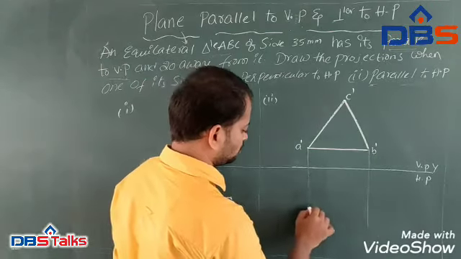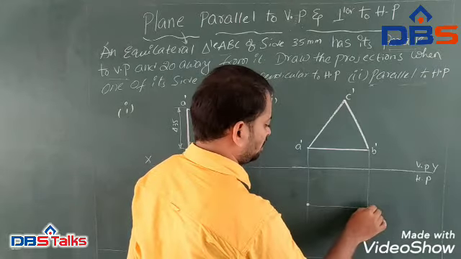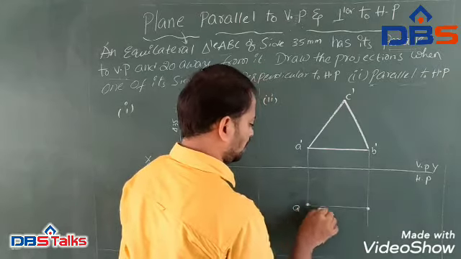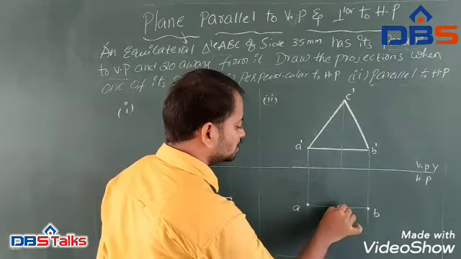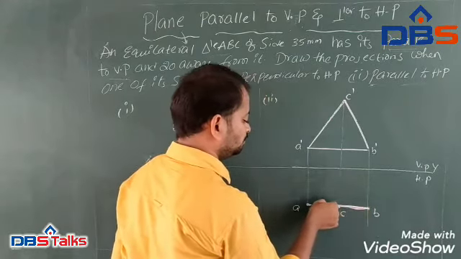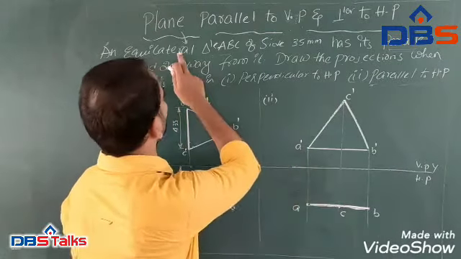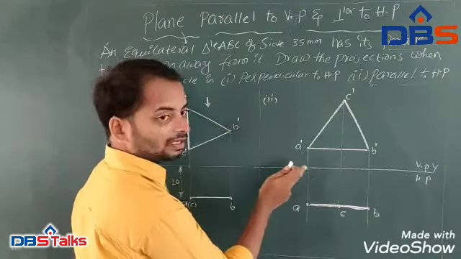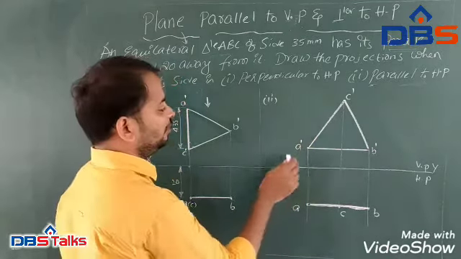The same condition applies here. A, B, C is the top view of the equilateral triangle, which is parallel to both HP and VP.